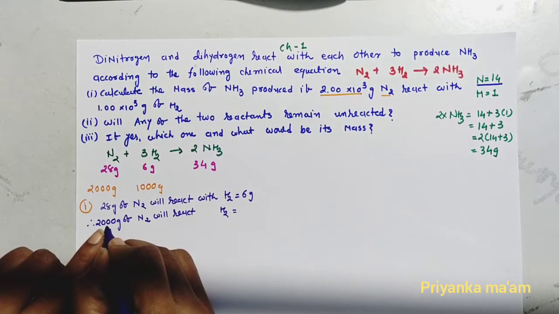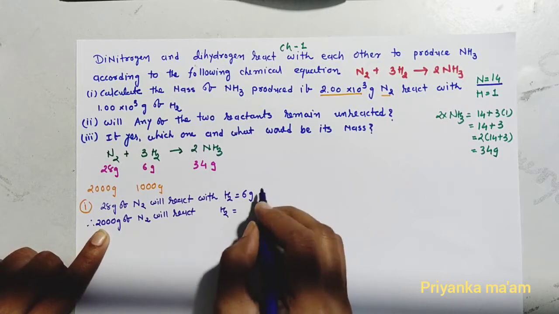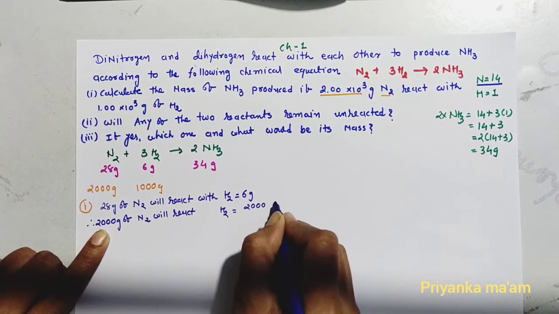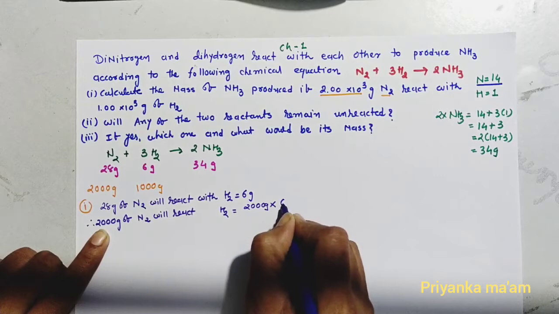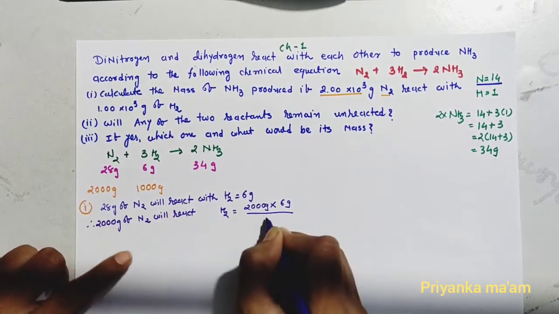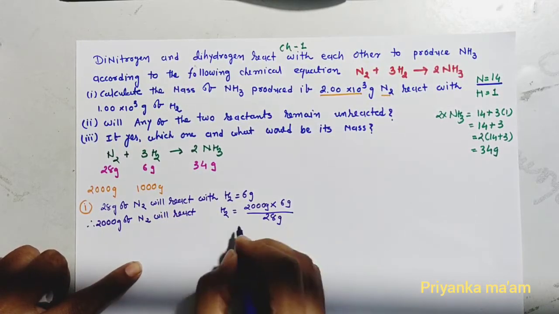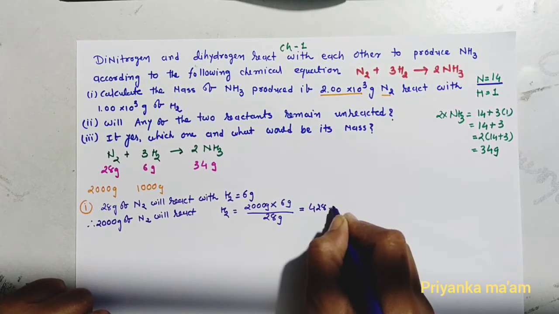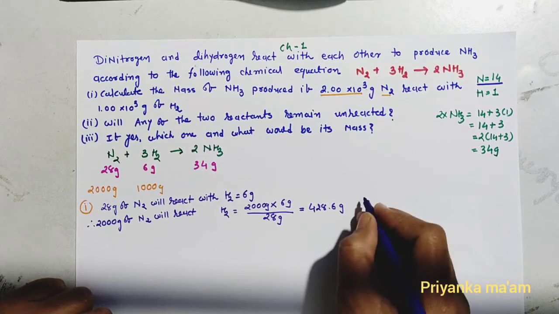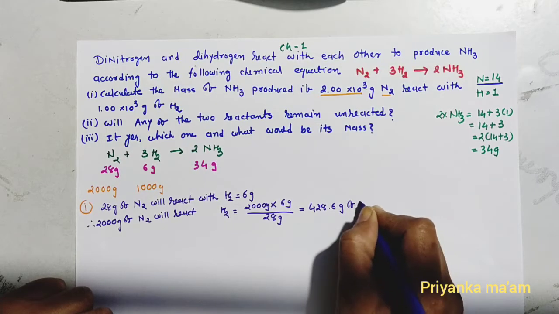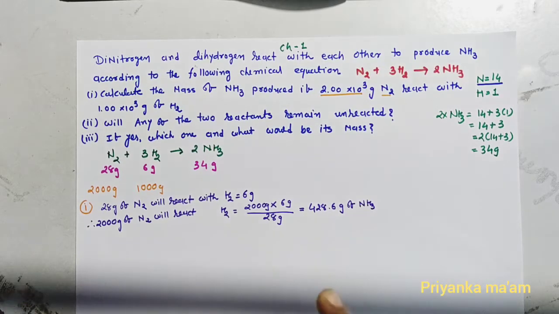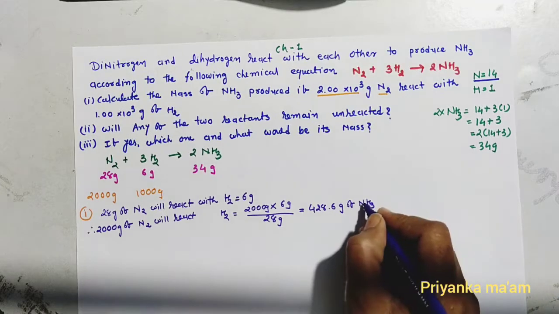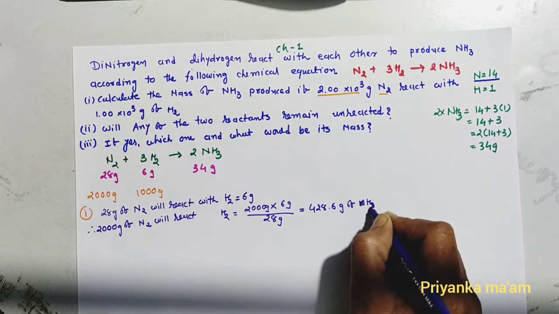Cross multiply: 2000 into 6 gram divided by 28 gram, and we will get 428.6 gram of NH3, right? Sorry, not NH3, only H2.